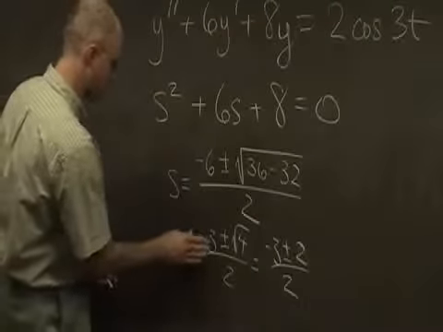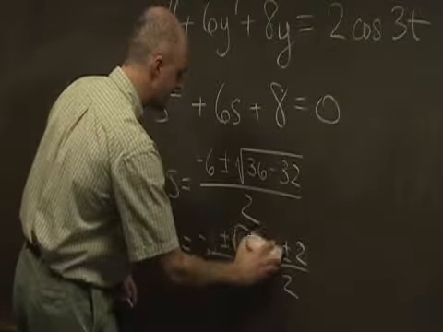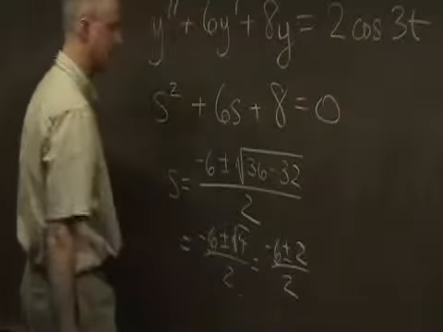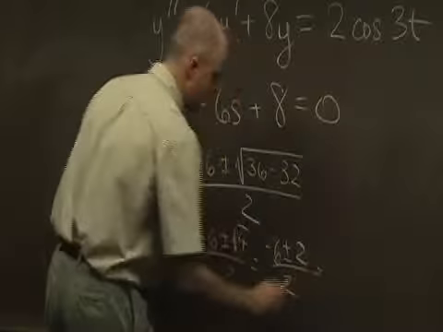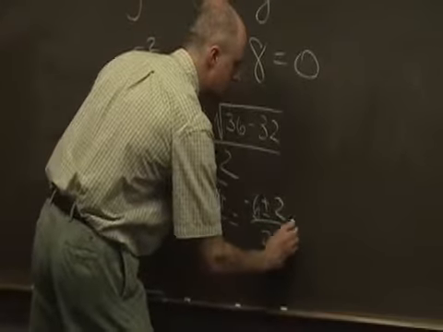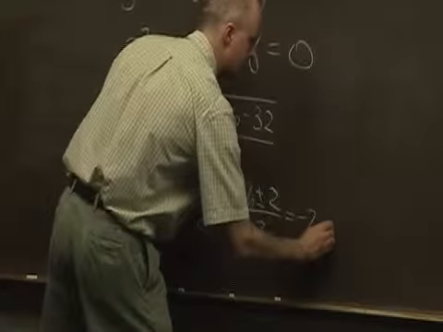Excuse me, a mistake here. -6 plus or minus 2 over 2. So you'll get -6 plus 2 over 2 will be -2. And -6 minus 2 over 2 will be -4.